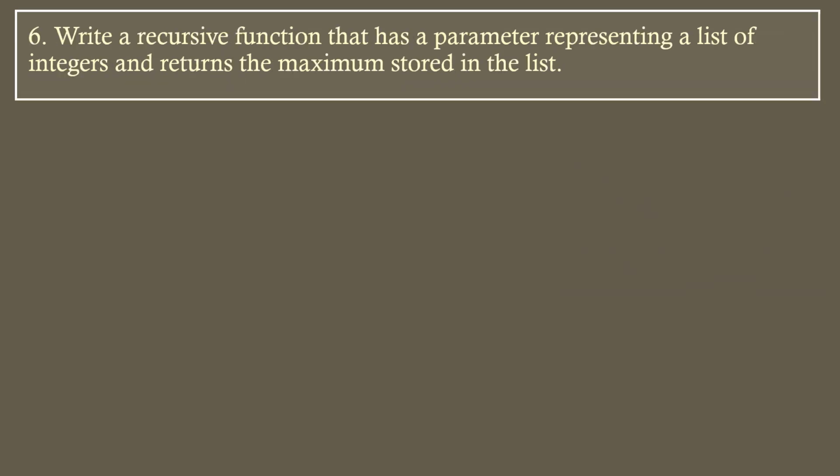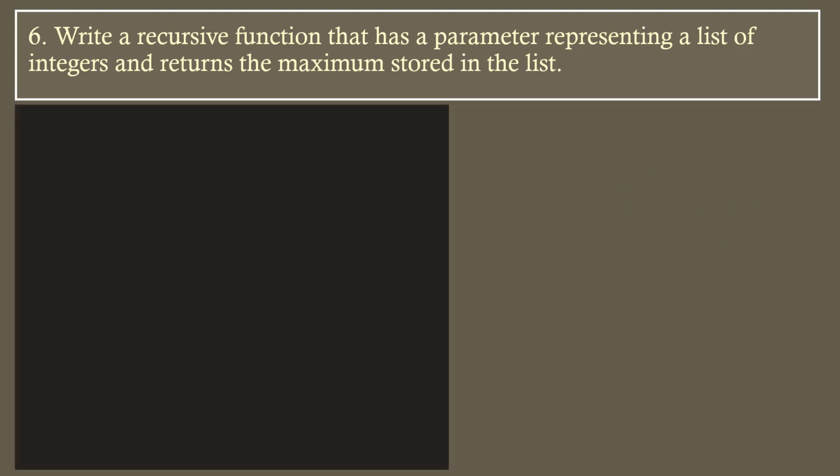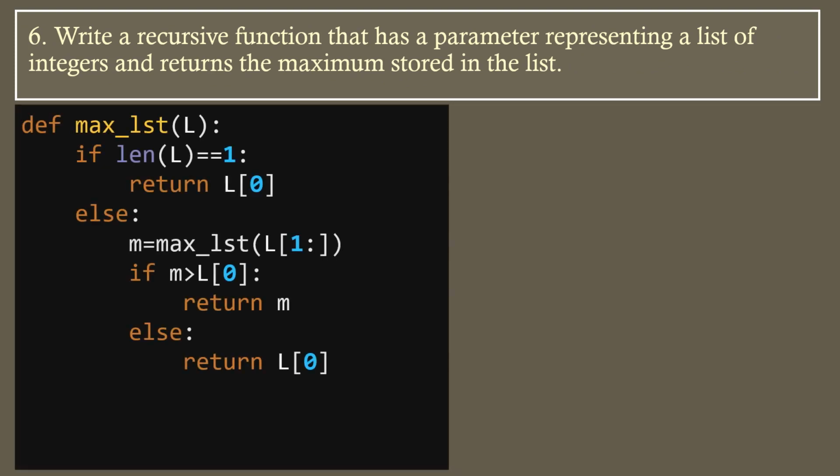Now write a recursive function that has a parameter representing a list of integers and returns the maximum stored in the list. You can see the function max_lst defined over here and having a parameter L, which is a list. Now the base case is: if length of L equals 1, that means there is a single element in this list, then it has to return that particular element, so it has to return L[0].